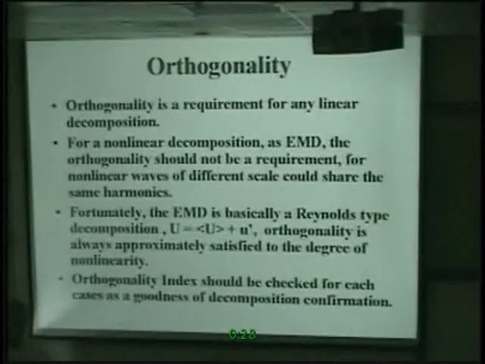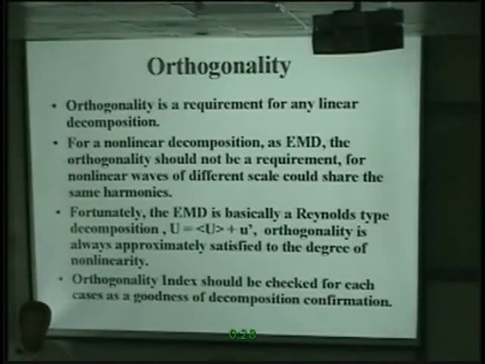If the decomposition is linear, orthogonality is always true. But if it's nonlinear, it may not be true, strictly speaking. But still, it should not be grossly untrue. Why did I say it may not be true?